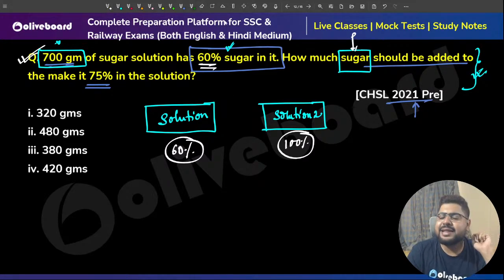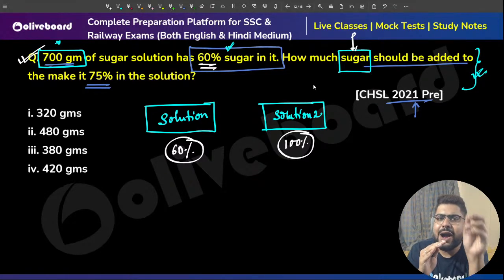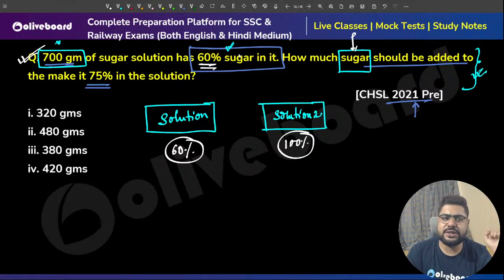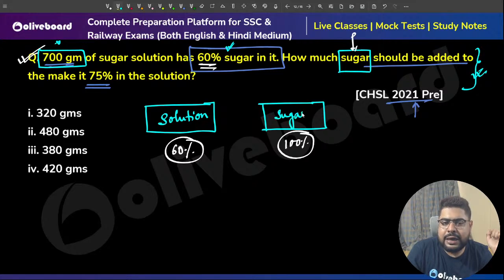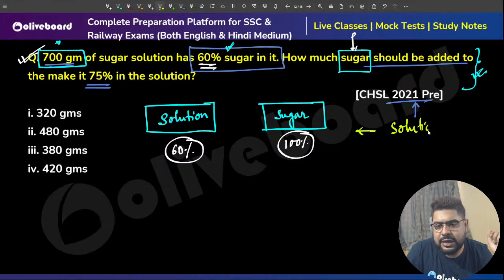Can we think like this? We are adding one solution with another solution with 100% sugar concentration.